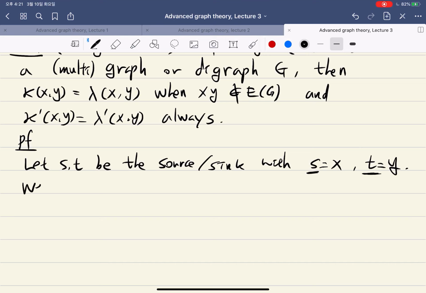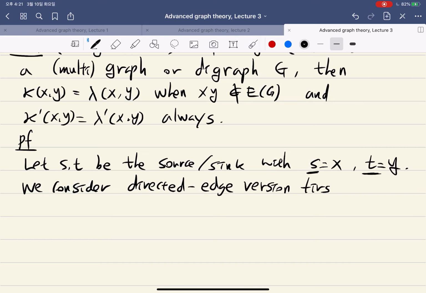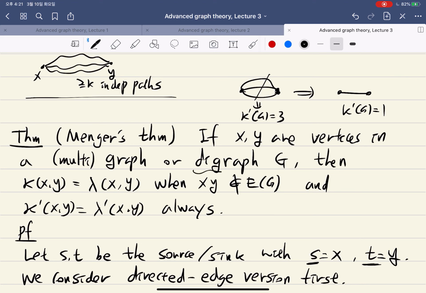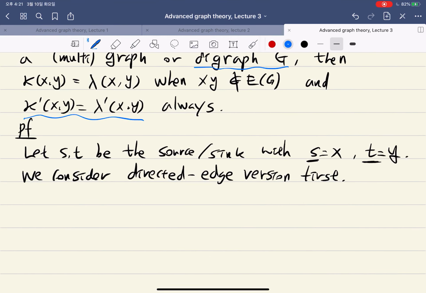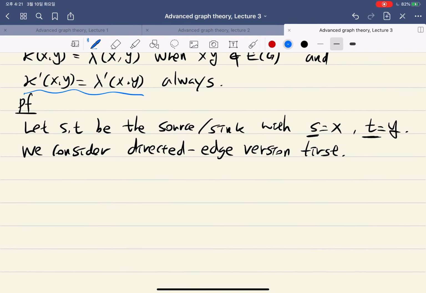And let's consider the directed edge version first. So digraph, and we have the edge version. We assume G is a directed graph, and we want to show that this equality holds. How do we do it? We have this graph.